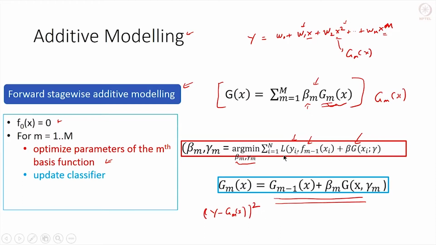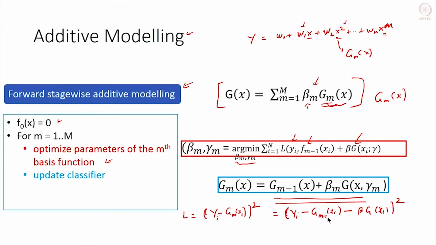So, L is just that, which we can write, I am going to do it for one data point, because the sum is over all of them, as y_i minus g_{m-1} of x_i minus beta g of x_i, squared.